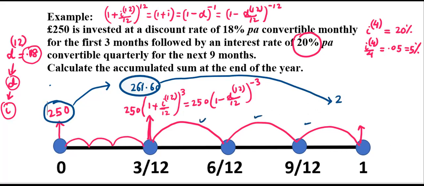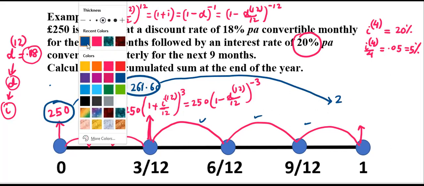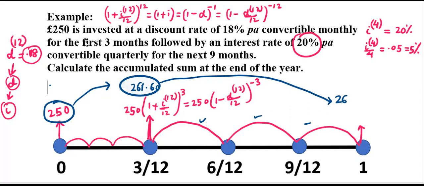So let me write 261.60 into 1 plus this interest, whatever is the interest, 5%. 1 plus 5% quarter interest is given.